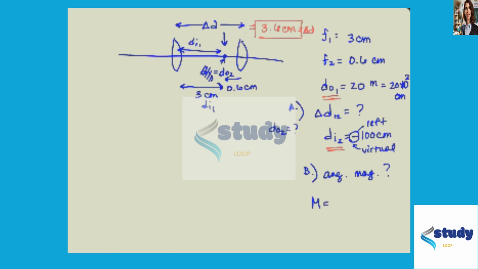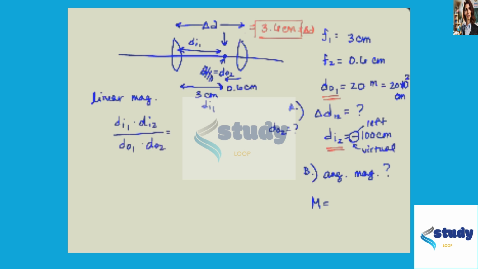To solve for my linear magnification, this is DI1 times DI2 all over DO1 times DO2.